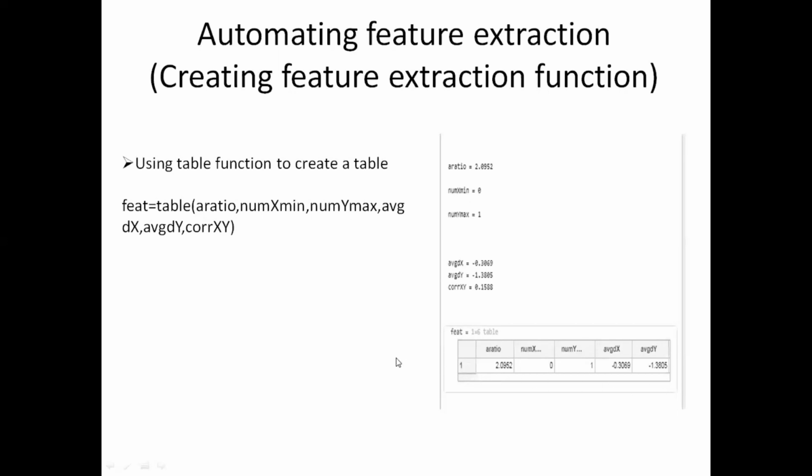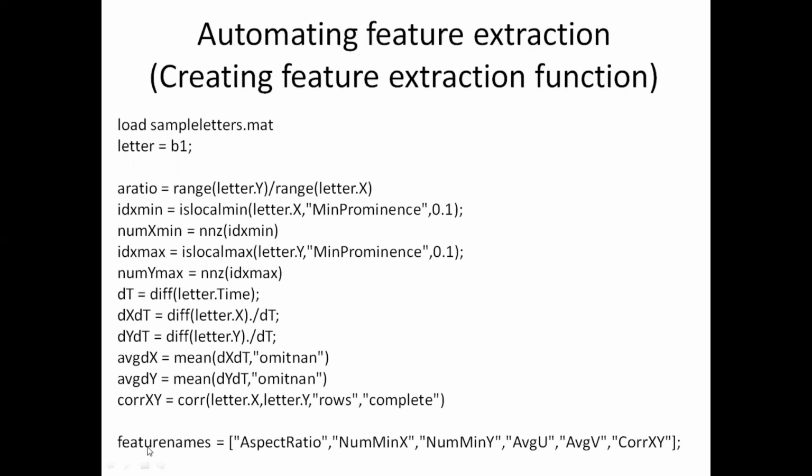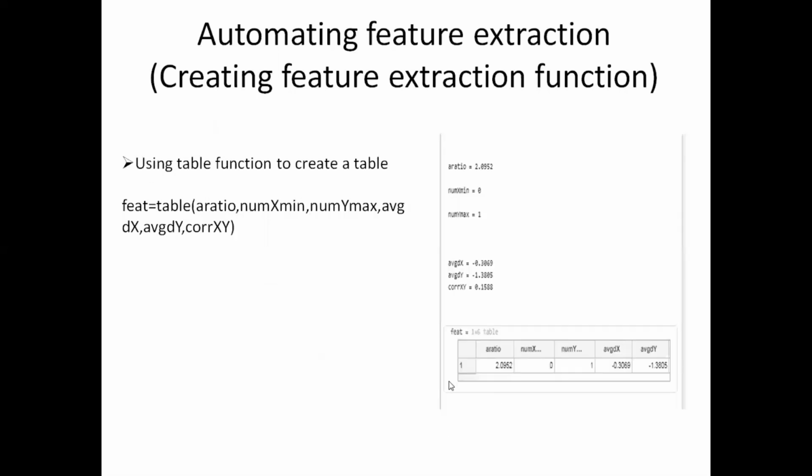Next, the names that the table has taken are directly the variable names that we have used here. I do not want the variable names to be used. Instead, I want the names that we have defined here as feature names. So I want these feature names to be given to each of the columns in the table.